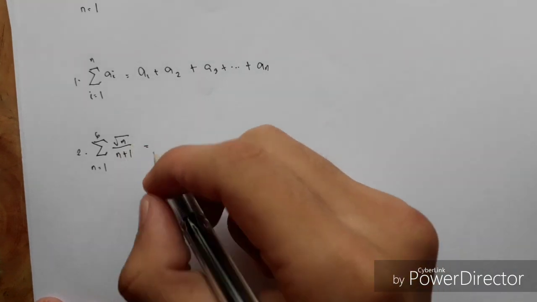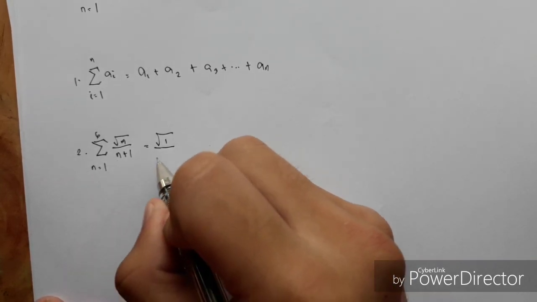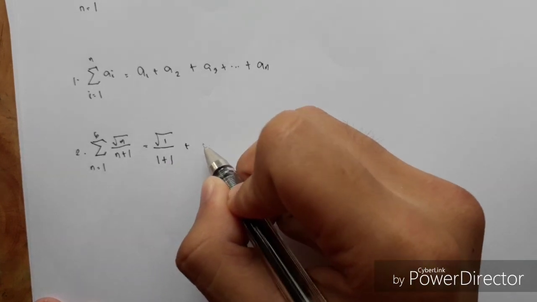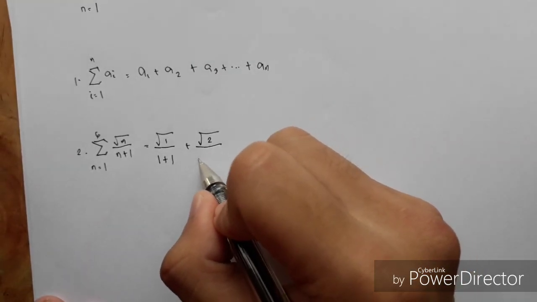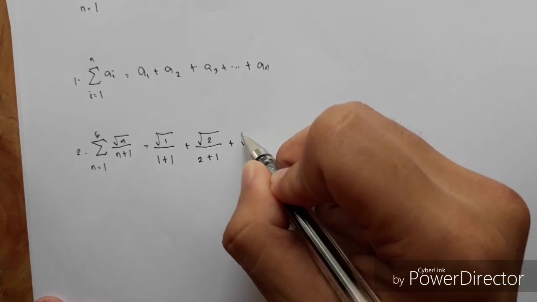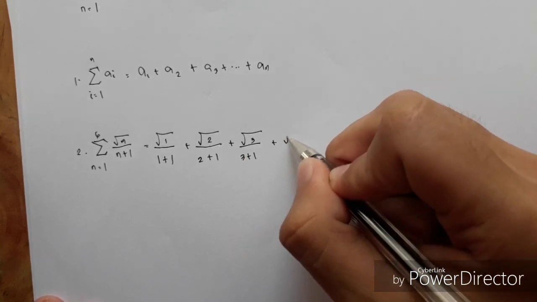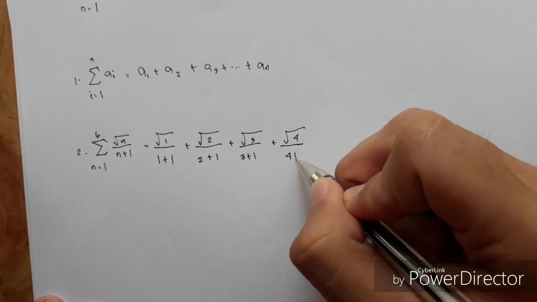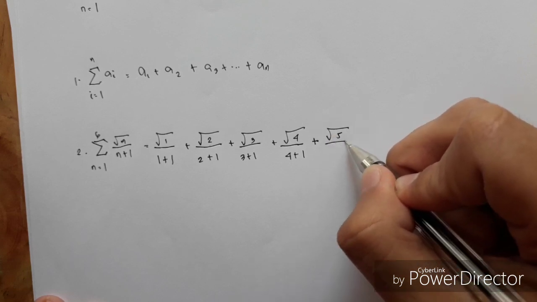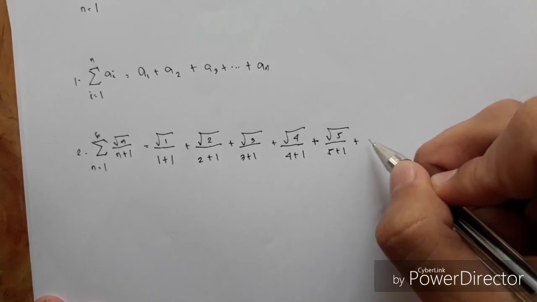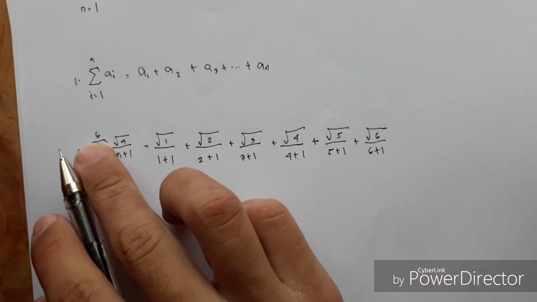First is square root of 1, because 1 is the starting value, over 1 plus 1, plus square root of 2 over 2 plus 1, plus square root of 3 over 3 plus 1, plus square root of 4 over 4 plus 1, plus square root of 5 over 5 plus 1, plus square root of 6 over 6 plus 1, which is the upper limit.